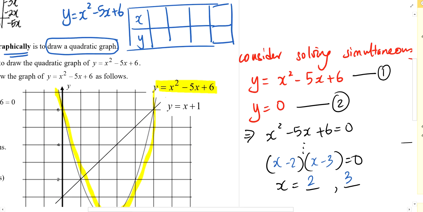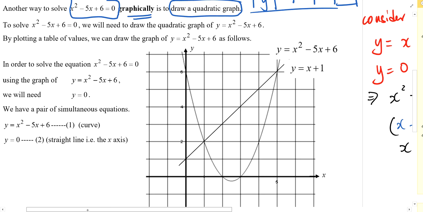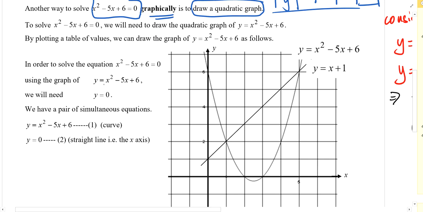how then do we use our existing parabola to solve the equation x squared minus 5x plus 6 equals 0? So all we needed to do was, using the graph of y equals x squared minus 5x plus 6, draw the graph of y equals 0.